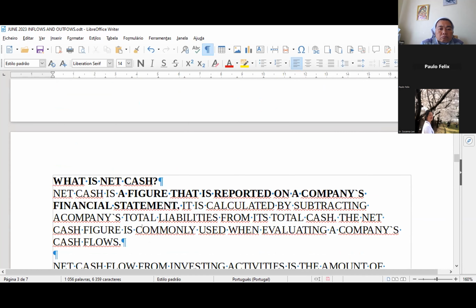Then what is net cash? Net cash is a figure reported on a company's financial statement. It is calculated by subtracting a company's total liabilities from its total cash. The net cash figure is commonly used when evaluating a company's cash flow.